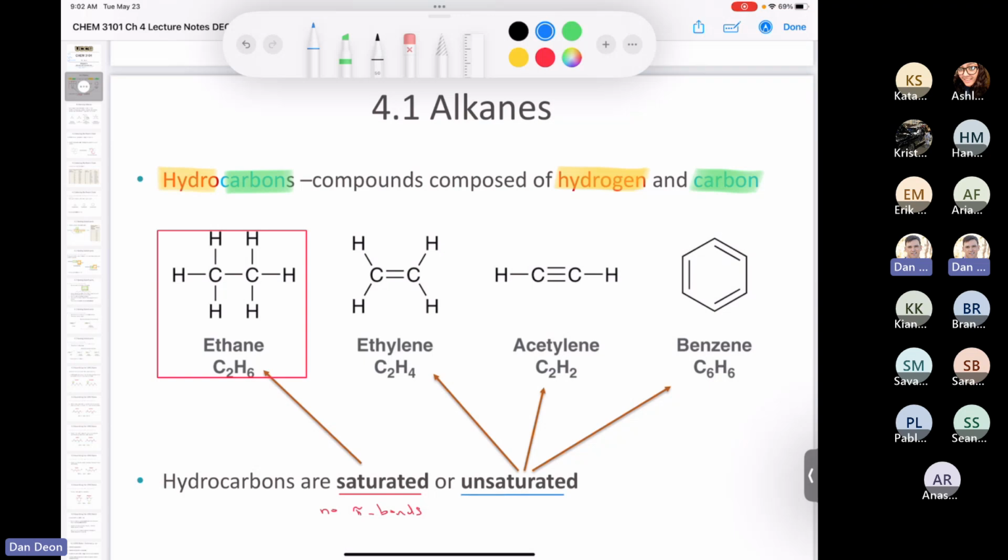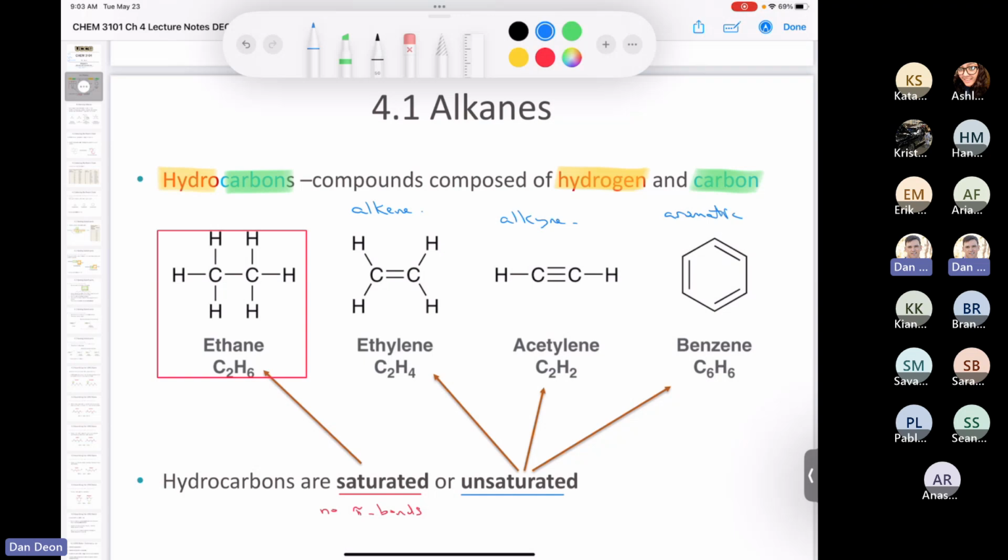For example, ethylene is an alkene, and you can see we have a pi bond in there. Acetylene is an alkyne, and there are 2 pi bonds in it. And benzene, we call an aromatic. Even though it's a hydrocarbon, it's not an alkane; it's an aromatic, and it has 3 pi bonds in it.